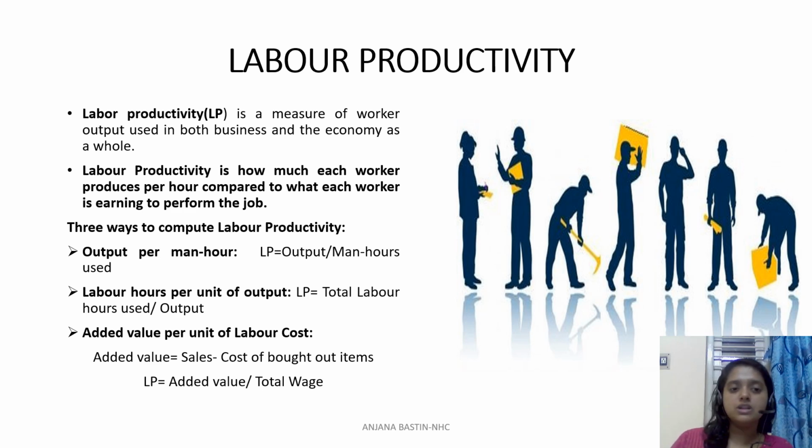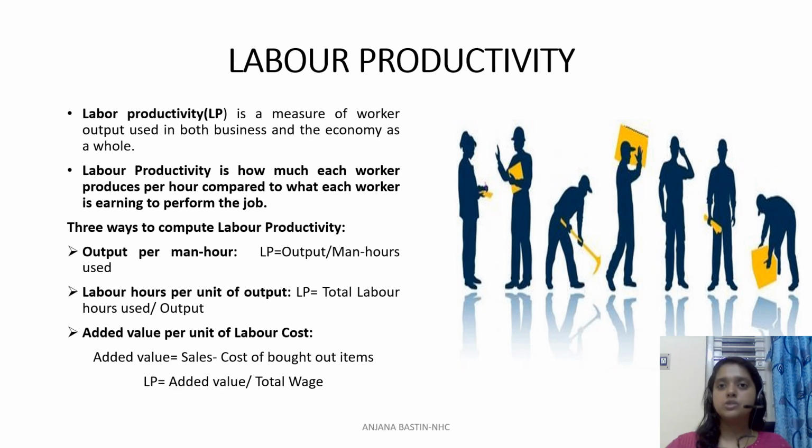The first method to calculate is output per man hour. Output per man hour refers to a situation where you calculate the total output and the man hours, or how many hours the people worked for making that particular product. So the total output divided by the man hours used will tell you how much output was produced in 1 hour.